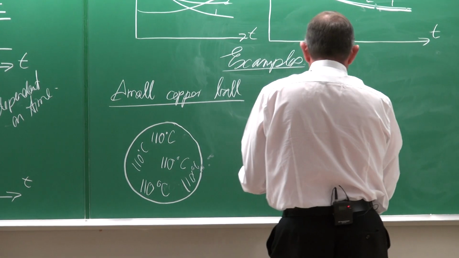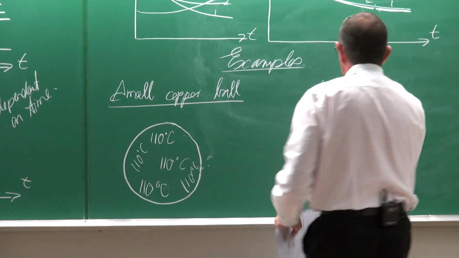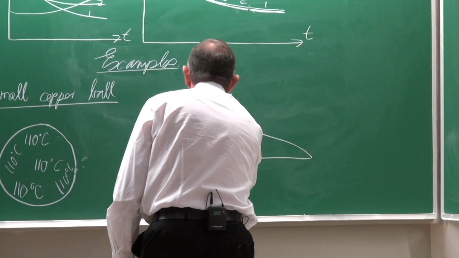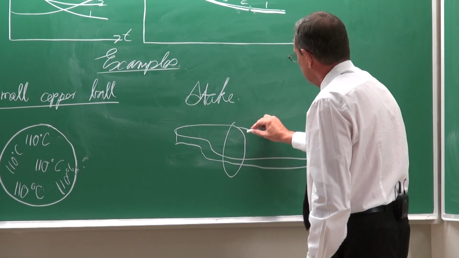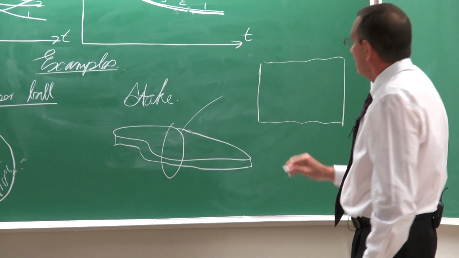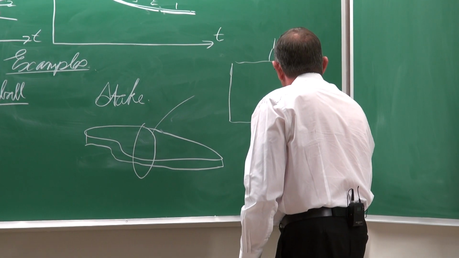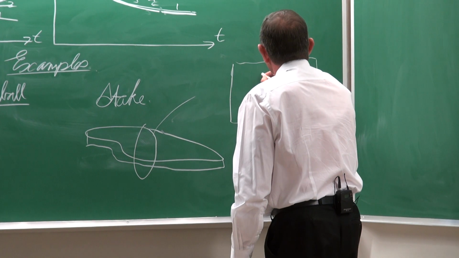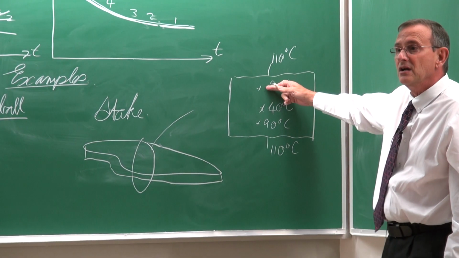However, if you take a nice thick steak, and you're having a barbecue, and you've got this big piece of steak of yours, and I'm going to enlarge that. So if that is now the thickness of the steak, then the temperature on the surface might be 110. But there the temperature would be 90 degrees Celsius, there it would be 90, there it would be 40 degrees Celsius, etc. So you can see what I mean.